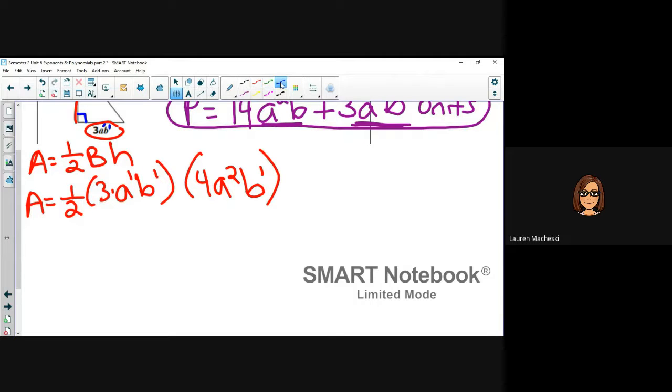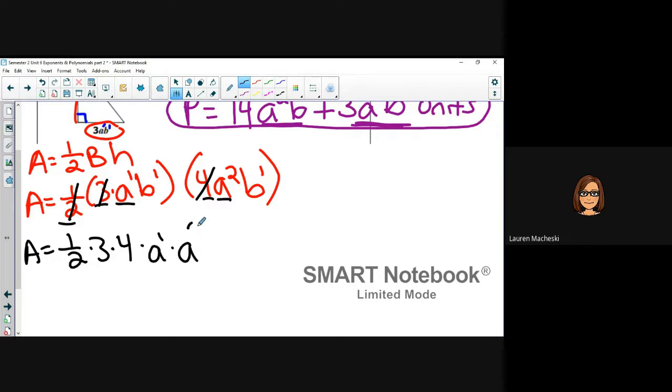Just like we've been doing, coefficients with coefficients. So I got 1, 2, 3 coefficients. I took care of those. A's with A's. And B's with B's.